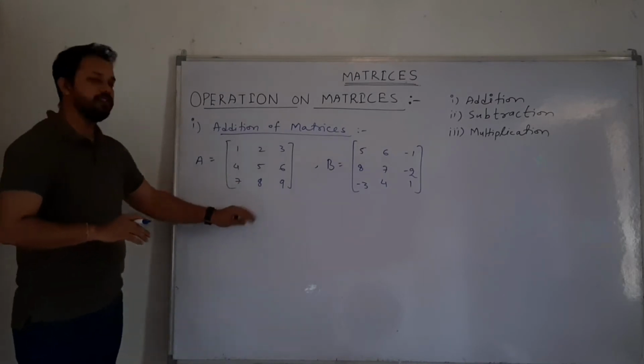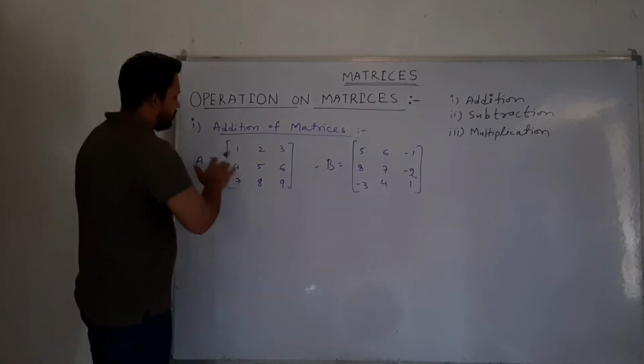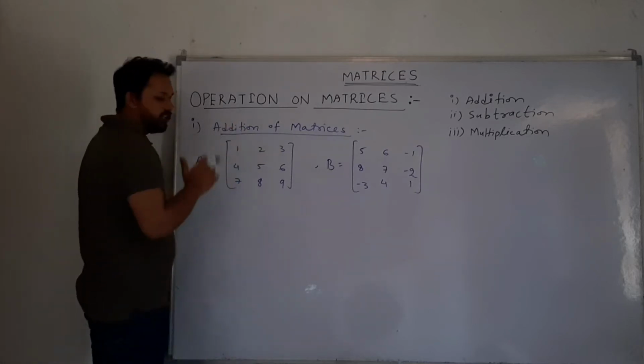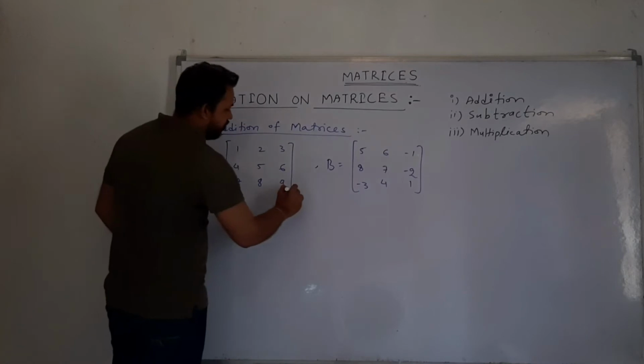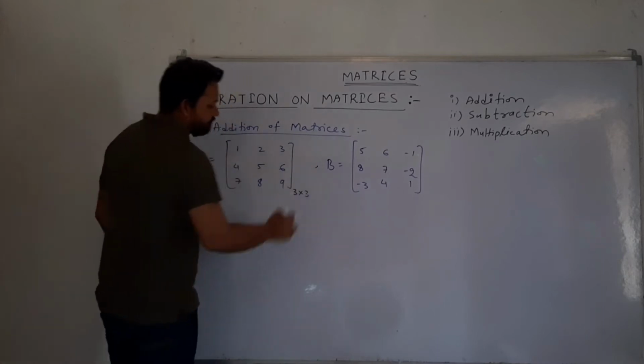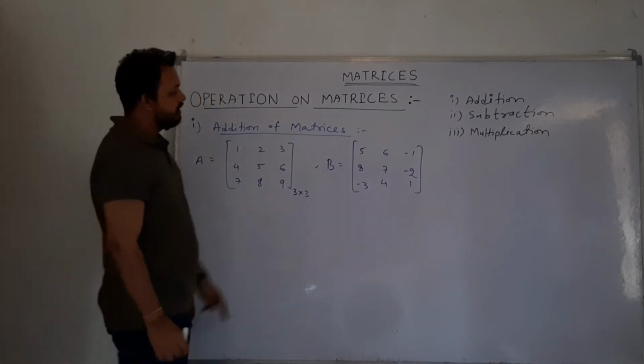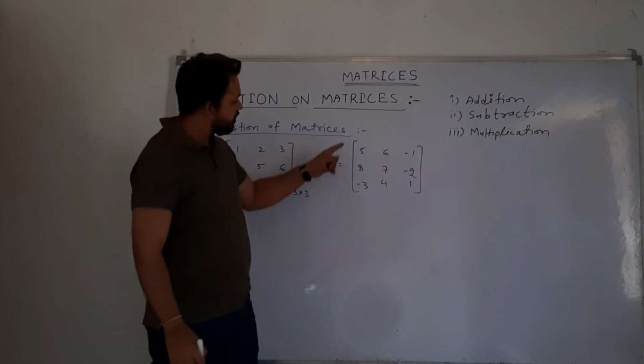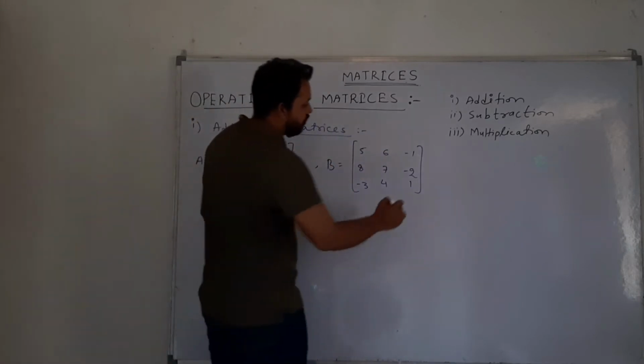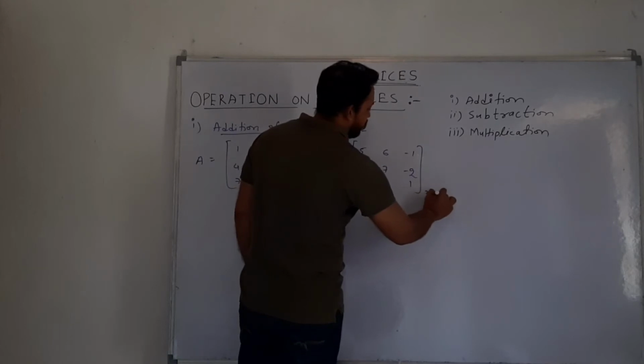What is the order of the first matrix? There are 3 rows and 3 columns in the matrix. That's why its order is 3 cross 3. In the same way, in matrix B, we have 3 rows and 3 columns. So its order is also 3 cross 3.